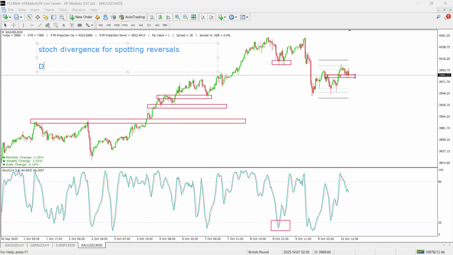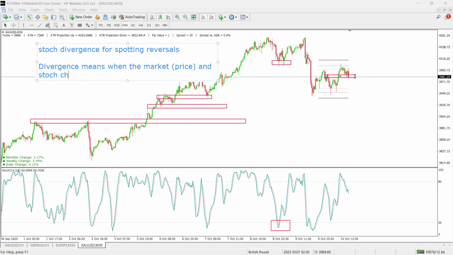What divergence means is when the market price and the stock chart do not agree. This is important for you to understand what we're talking about.